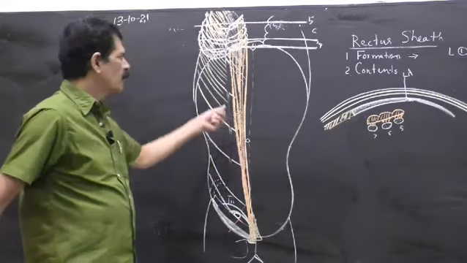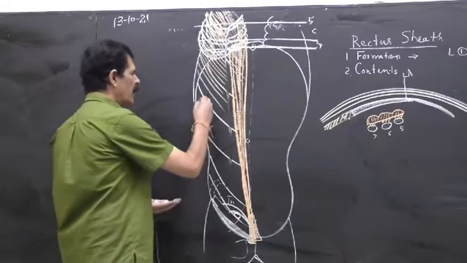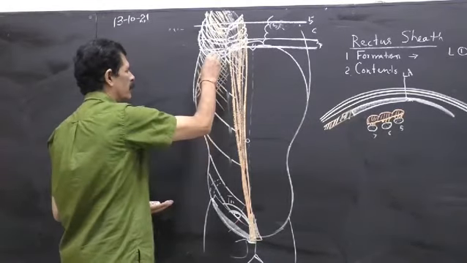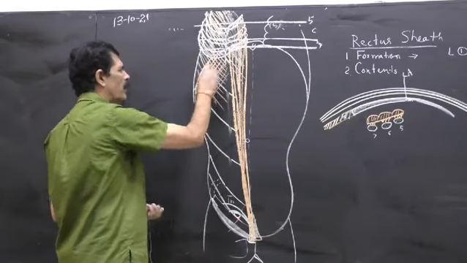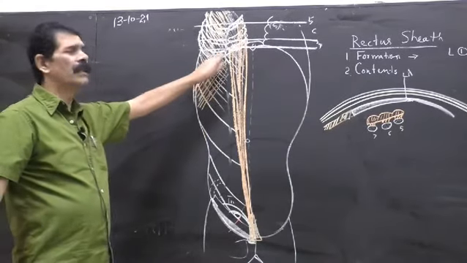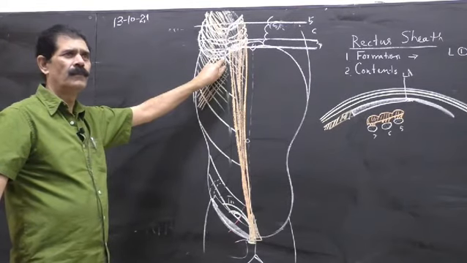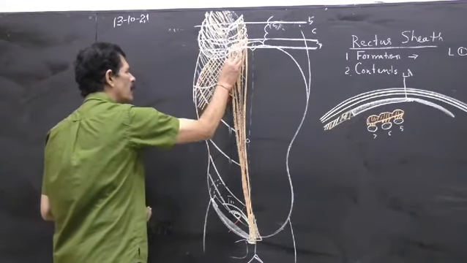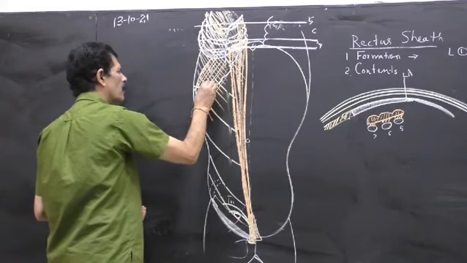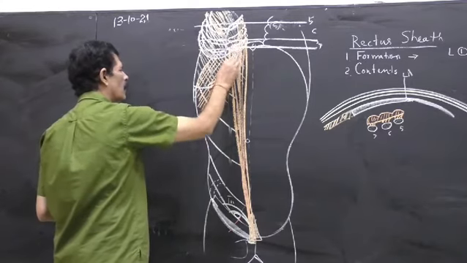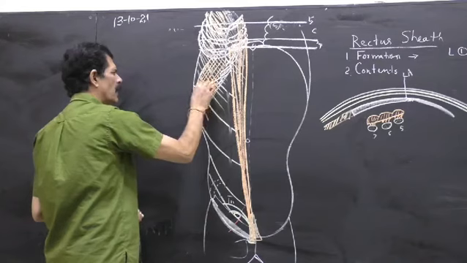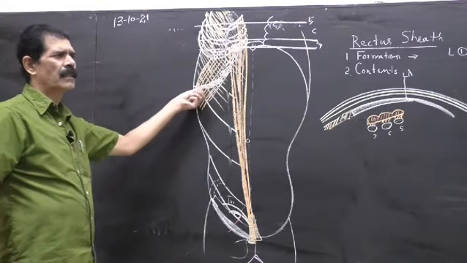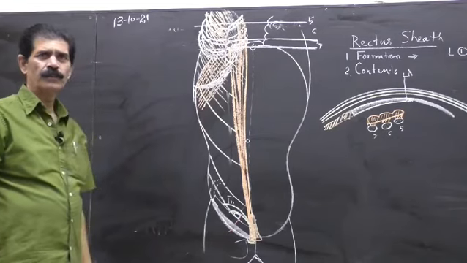Internal oblique. Why? Its fibers go upward, forward, and internal oblique muscle goes inside the rib and it is inserted over the inner surface of the costal cartilages of the tenth, 11th and 12th ribs.